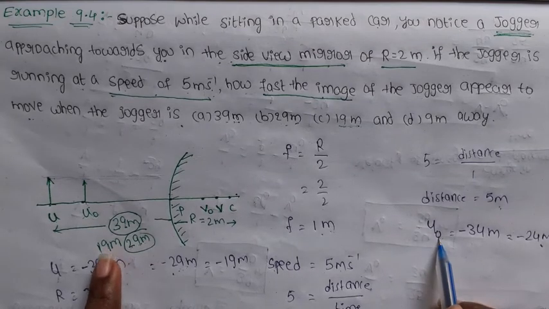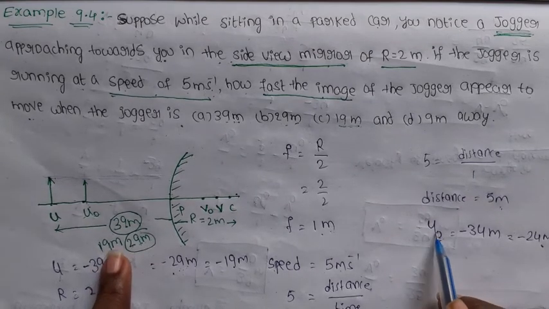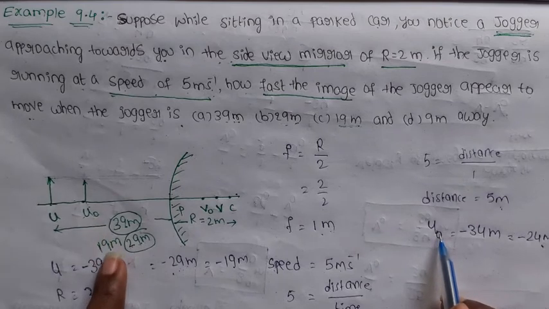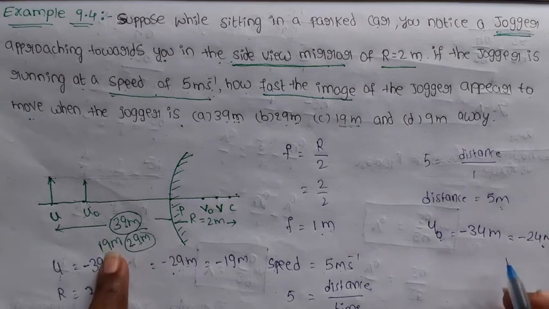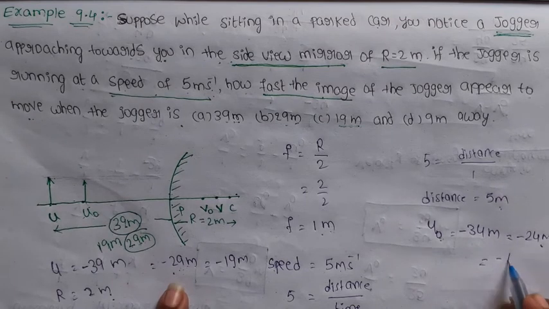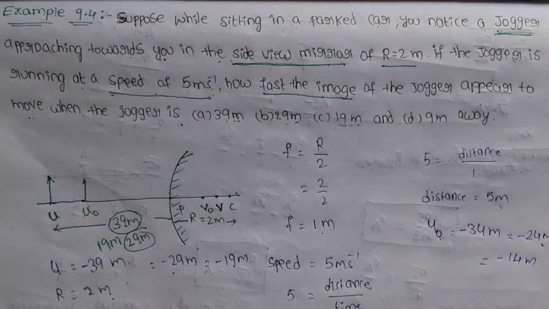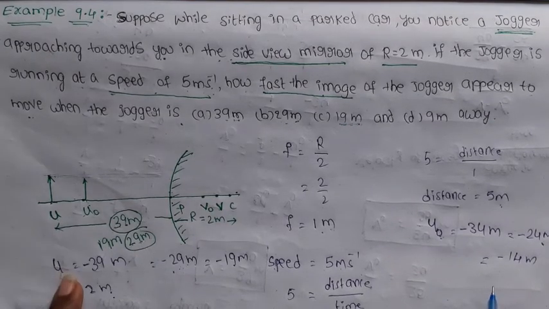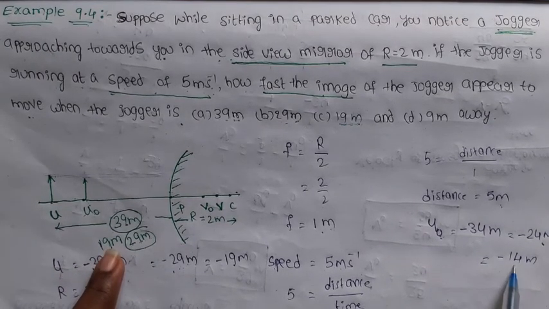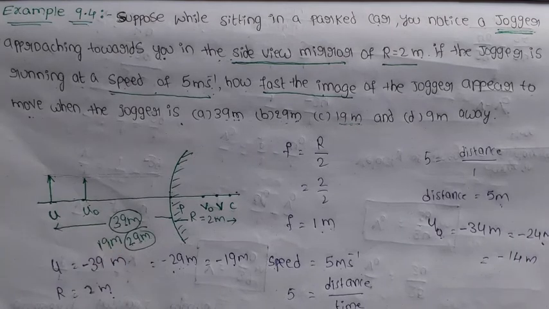So the object is at 19 meters, u naught distance is, subtract 5 meters from u distance. So 19 minus 5, u naught equal to minus 14 meter. Okay, so u equal to minus 19 meter, u naught value is minus 14 meter.